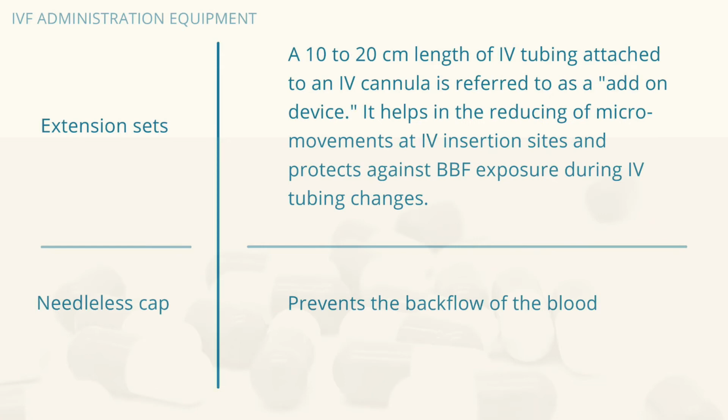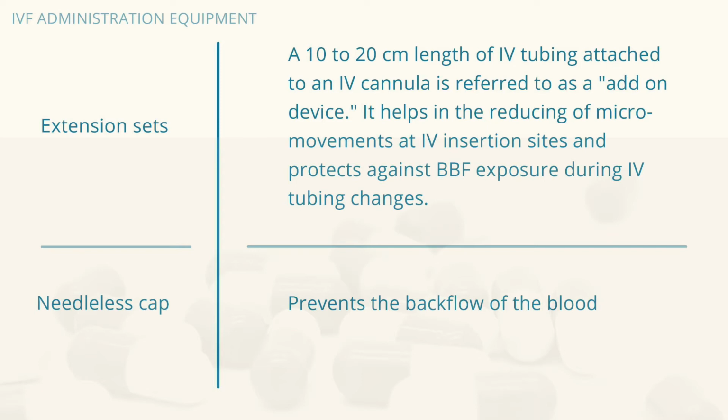Extension sets. A 10 to 20 centimeter length of IV tubing attached to an IV cannula is referred to as an add-on device. It helps in reducing micromovements at IV insertion sites and protects against BBF exposure during IV tubing changes. Needleless cap.